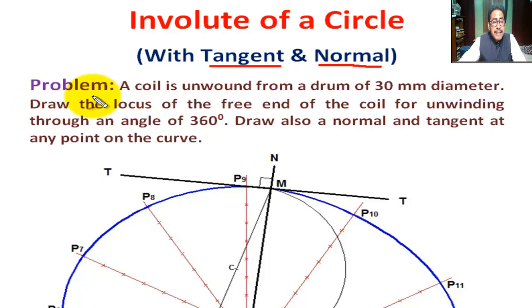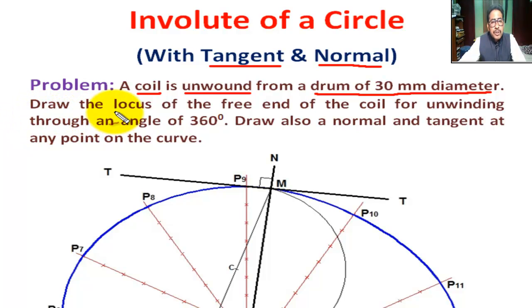Our problem is a coil. A coil means wire or thread is unwound from a drum of 30 mm diameter.